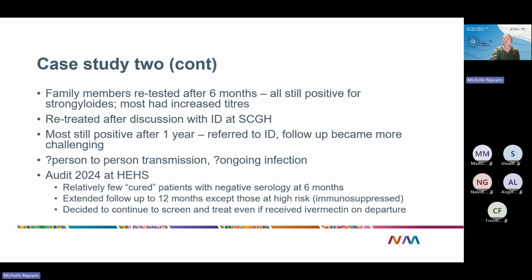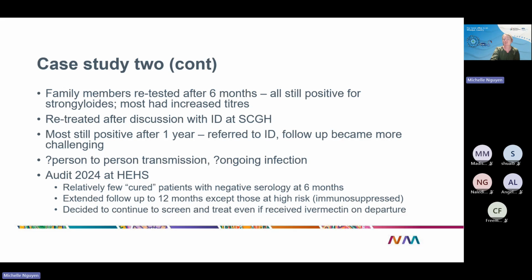So because it was so resource intensive bringing people back for blood tests, when it's difficult sometimes to contact people and get them back into our clinic, we decided to extend the follow-up to 12 months, because it seemed that it was taking longer for the blood test to revert to normal, except for those that were at high risk of strongyloides infection, so those that were really immunosuppressed.